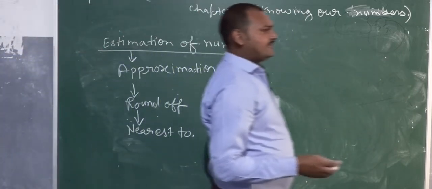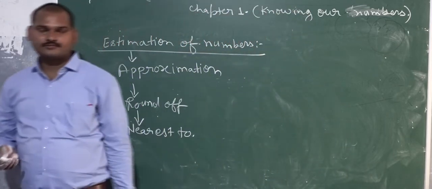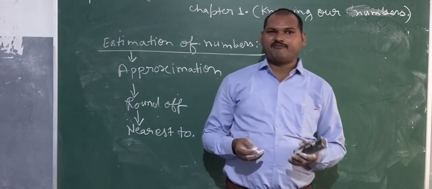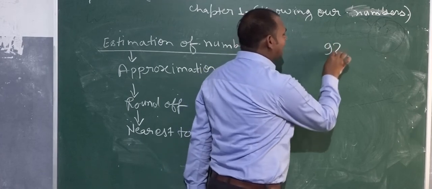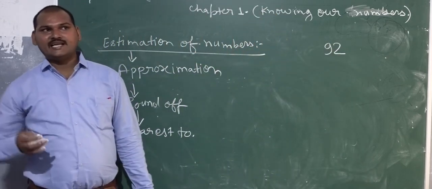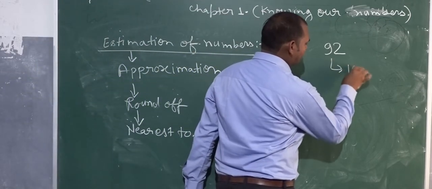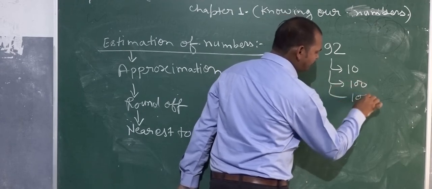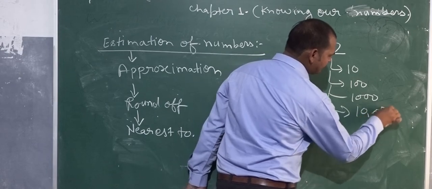If you ask how much is the cost of this, someone told 92. But we ask how much is nearest. If you ask the nearest, I take the value 92. And 92, which is the nearest? Means nearest to 10 or 100 or 1000 or 10,000.